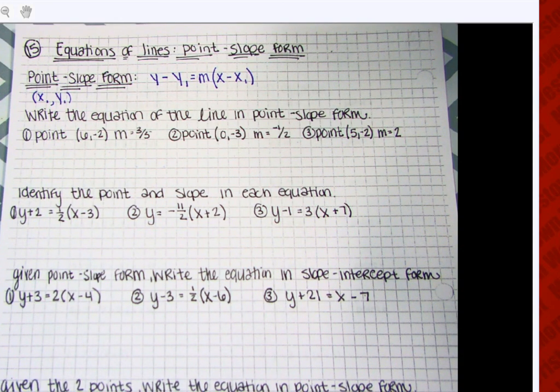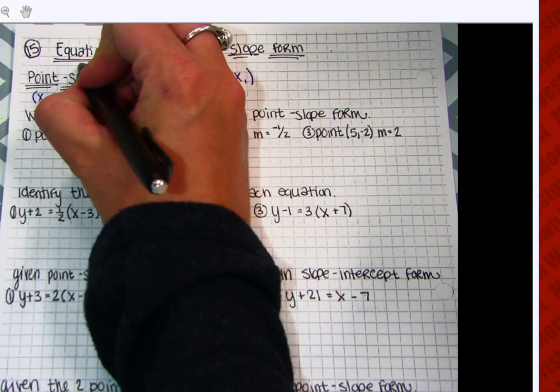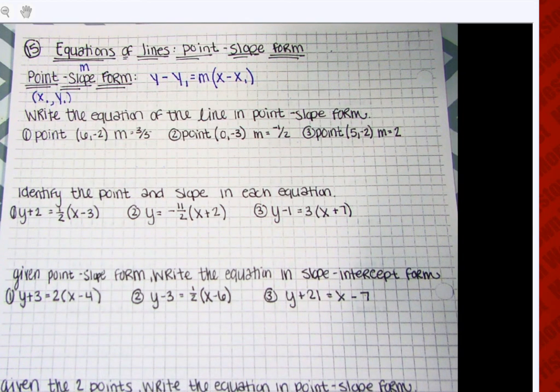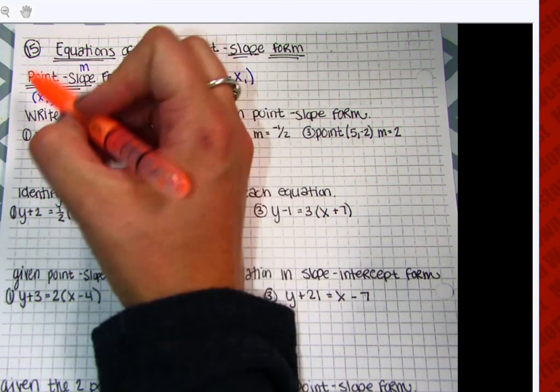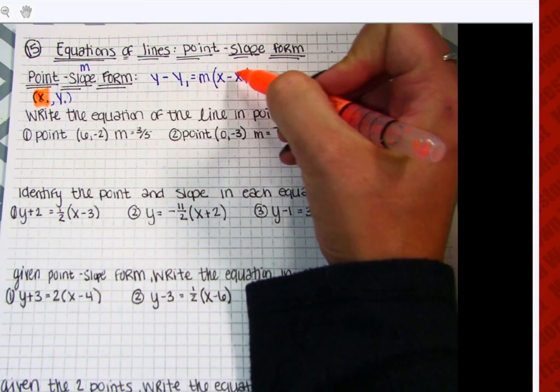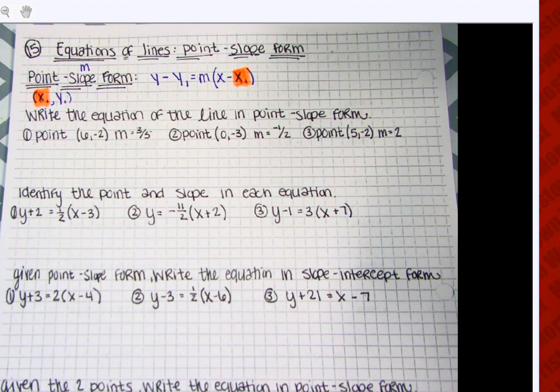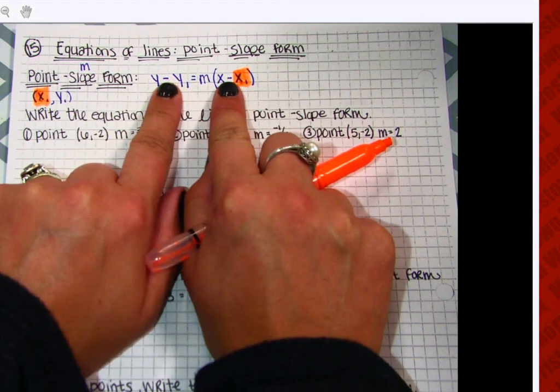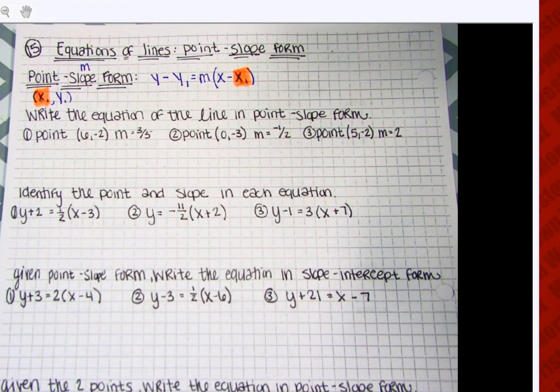The letter M is going to stand for my slope. So in my problem, I have my point and I have my slope. The x1 value is the x coordinate of my point. And notice these are always minus, okay? Always minus. My y1 value is always going to be the y point on my equation.